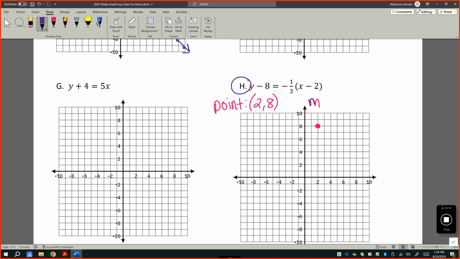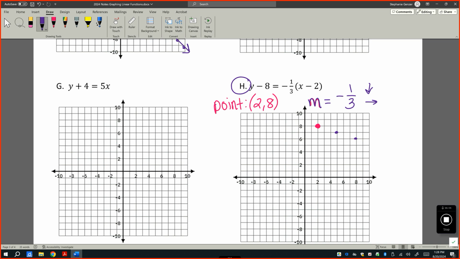Slope is -1/3, which means we're going to go down 1 and right 3. Okay? Because we want our line to go down as we move from left to right. So down 1, right 1, 2, 3. Down 1, 1, 2.